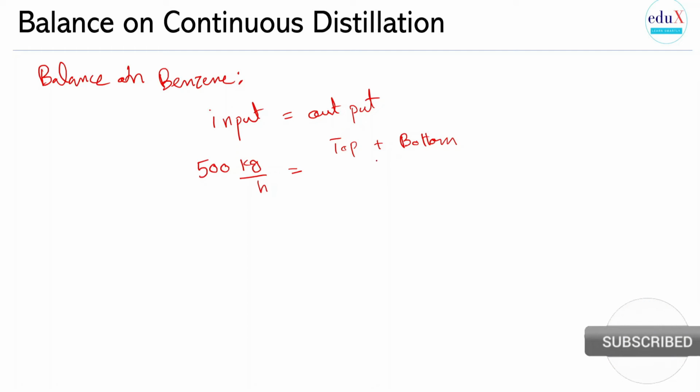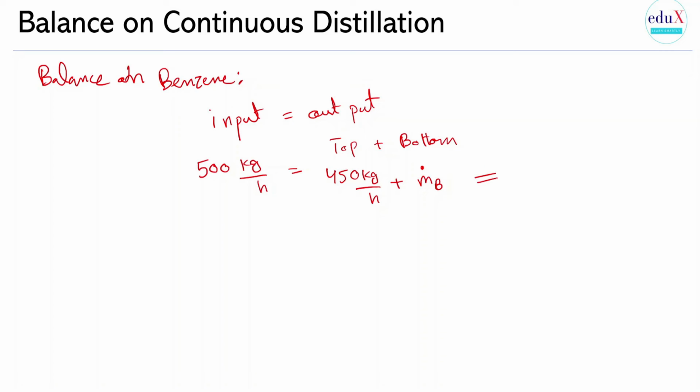We know in the top stream it was given 450 kg per hour, but we don't know the mass flow rate of benzene in the bottom stream. If we solve this equation, it will come out to 50 kg per hour.